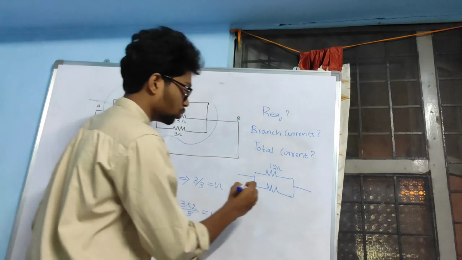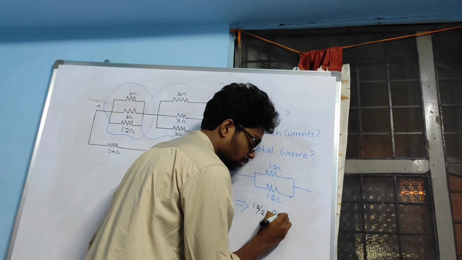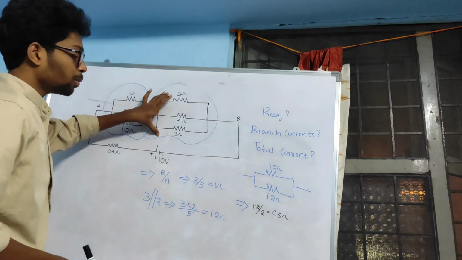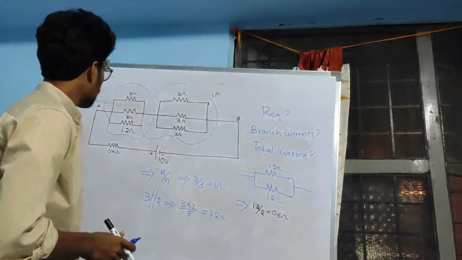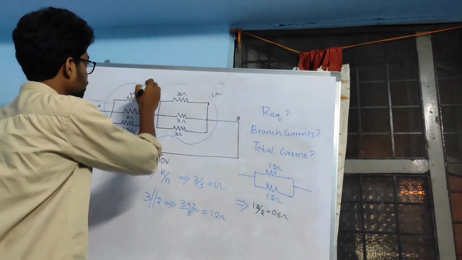So 1.2 ohms and 1.2 ohms are connected in parallel, so 1.2 by 2, we get 0.6 ohms. So for the R equivalent of this combination we have got 1 ohm, and for the R equivalent of this combination we have got 0.6 ohm.